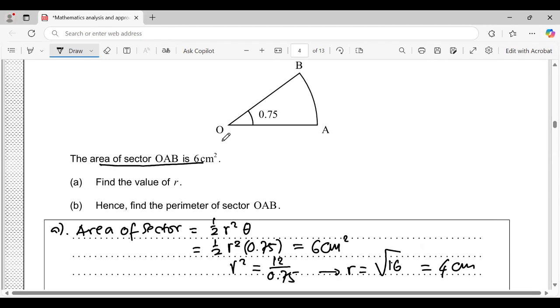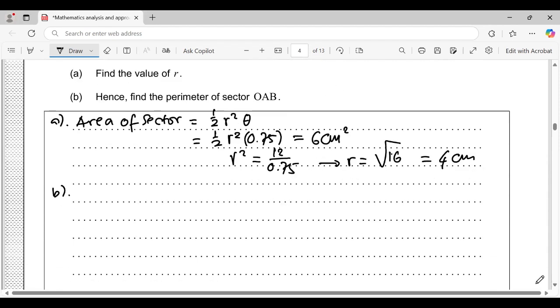We already calculated r, and now we determine the perimeter, 2r plus AB. So AB is the arc length, equal to r times theta, the formula.